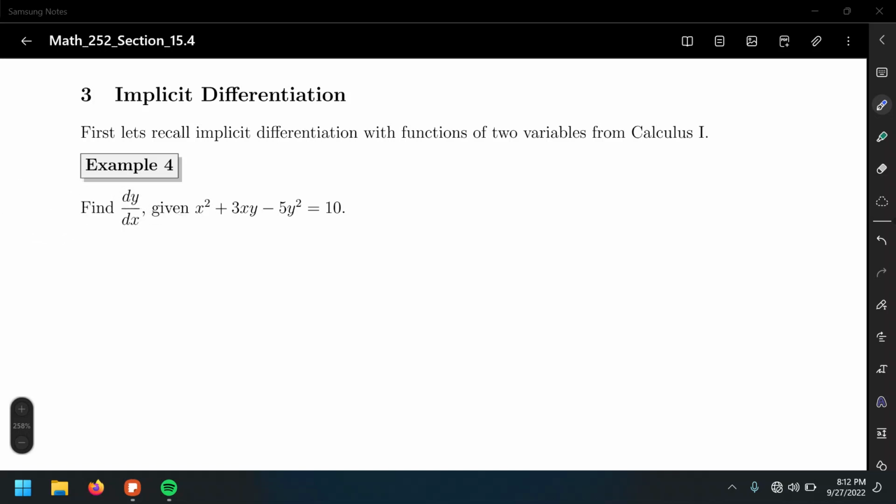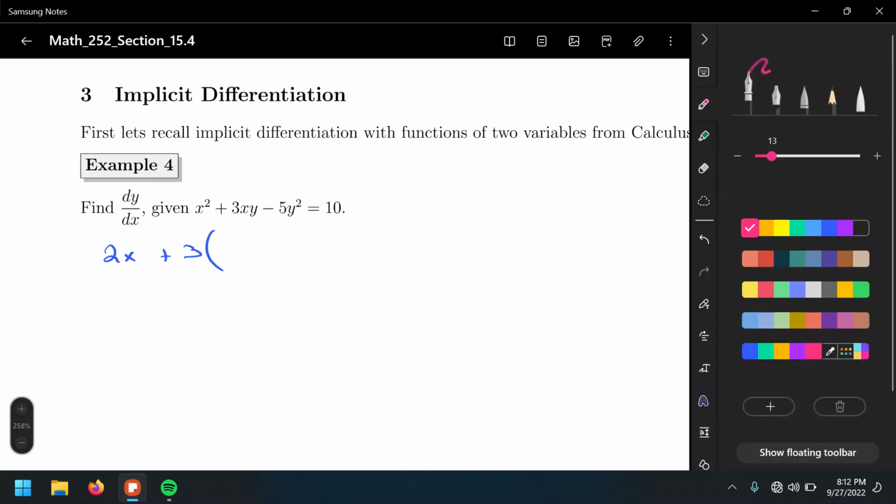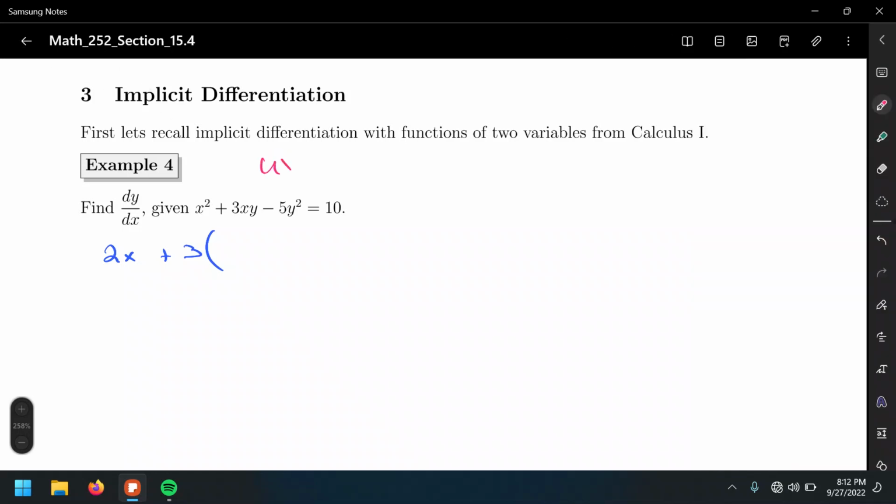Take the derivative of x squared, so that's 2x, plus 3 times, notice in this case we have the product between x and y. So again, we're going to use our product rule. Let me write it down again: (uv)' is u'v plus v'u.